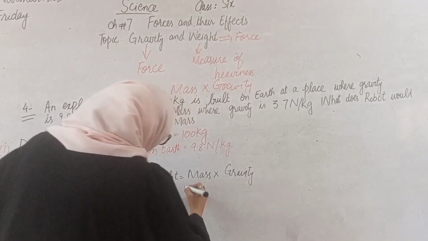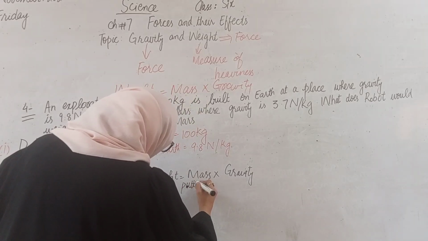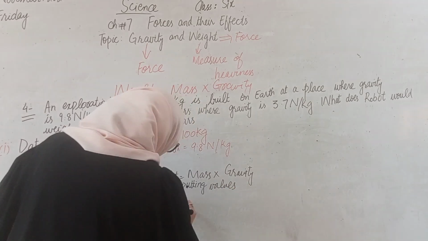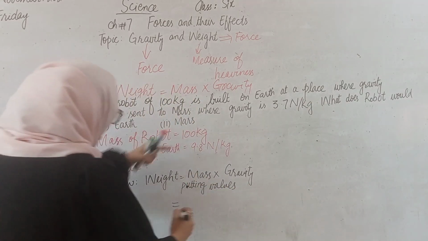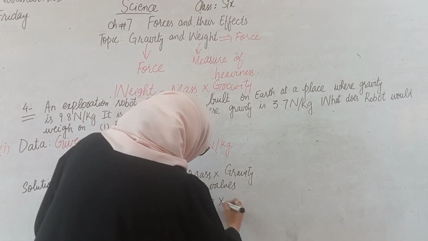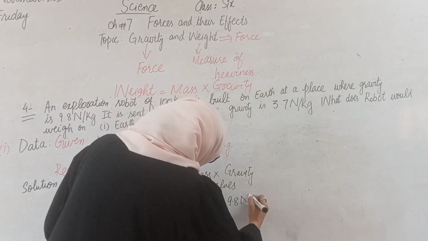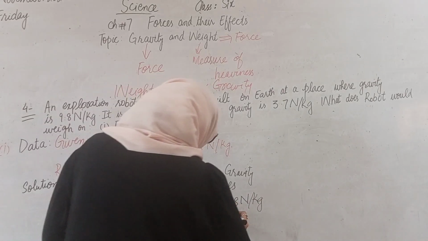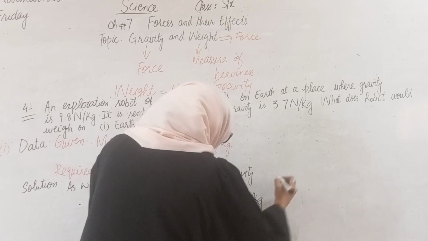We will put values here, putting values. Mass, that is 100 kilogram, and gravity, that is 9.8 Newton per kilogram. 100 will be multiplied with 9.8.